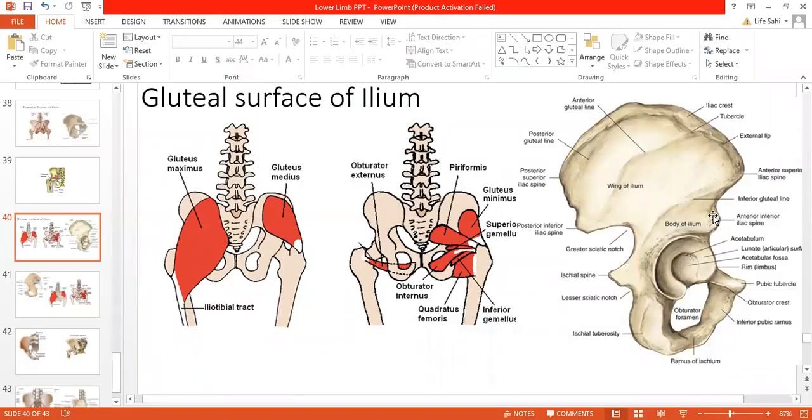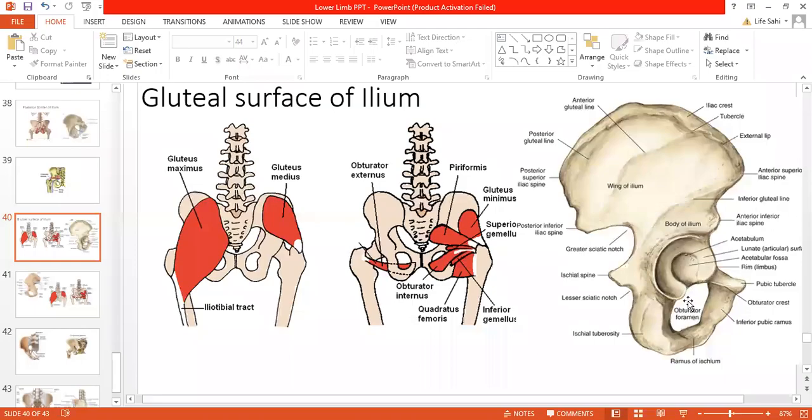We remember that the straight head of the rectus femoris was getting attached over the upper part of the anterior inferior iliac spine, and its second head, which is called the reflected head, gets attached over the deep groove just above the acetabular fossa or just below the inferior gluteal line.